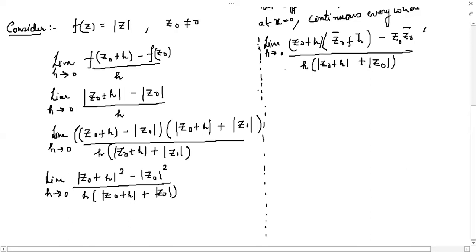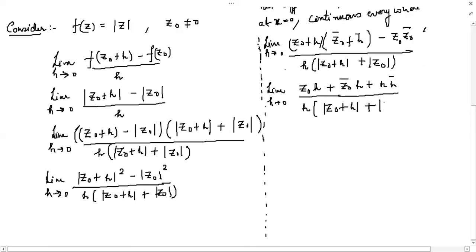So z naught into z naught bar cancels out. You simply get z naught into h bar plus z naught bar into h, divided by h into modulus of z naught plus h plus modulus of z naught.